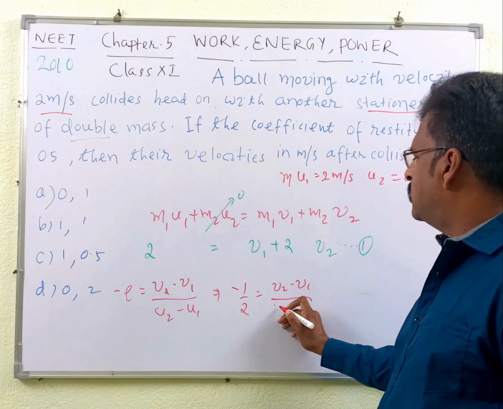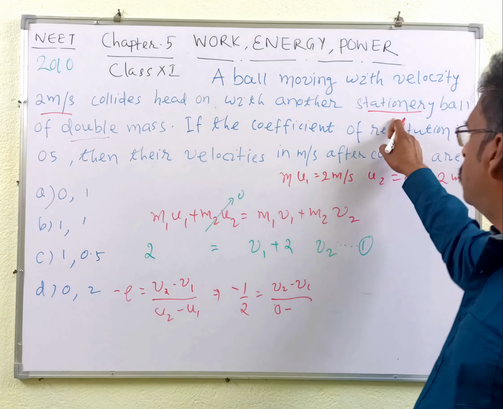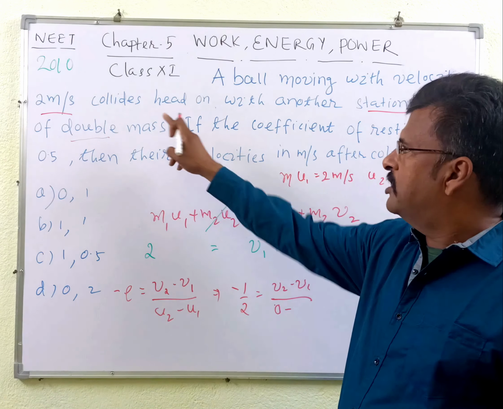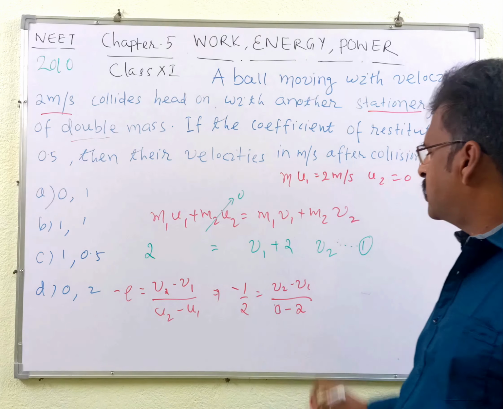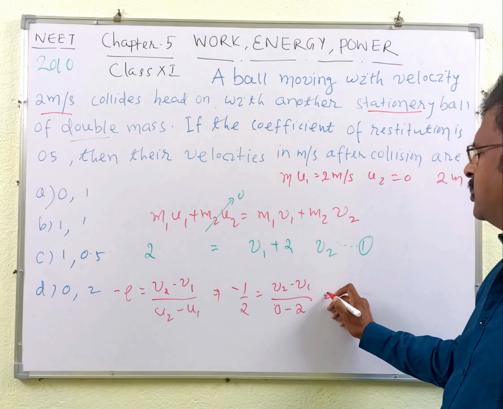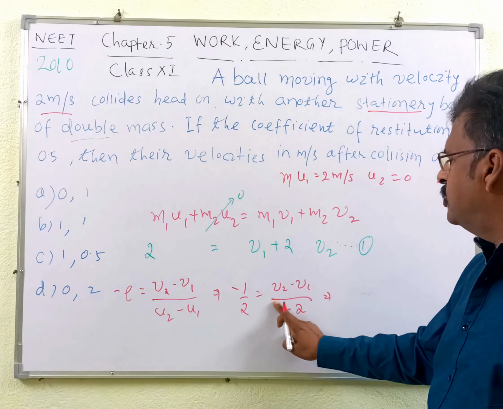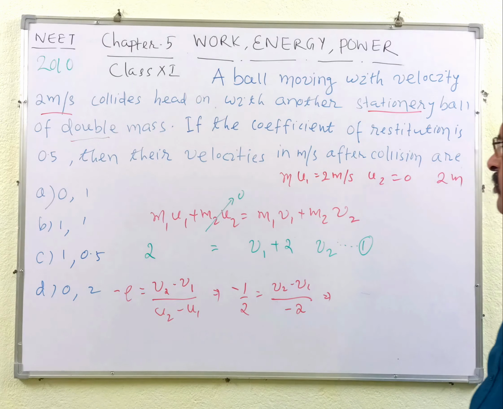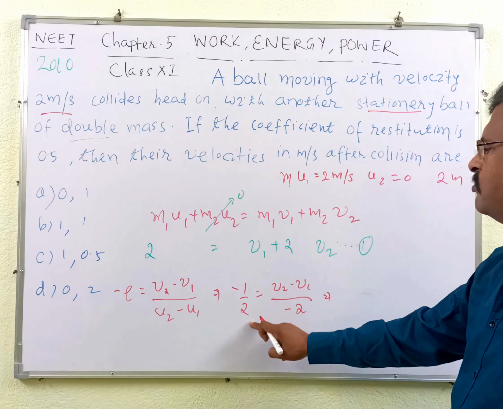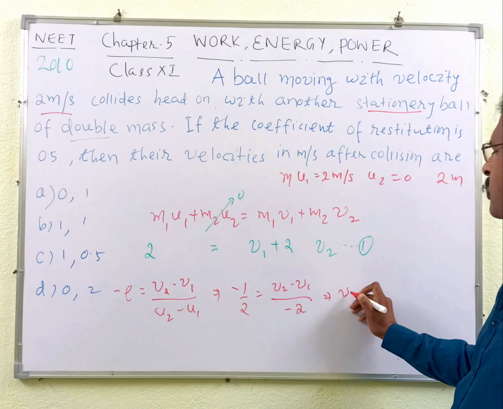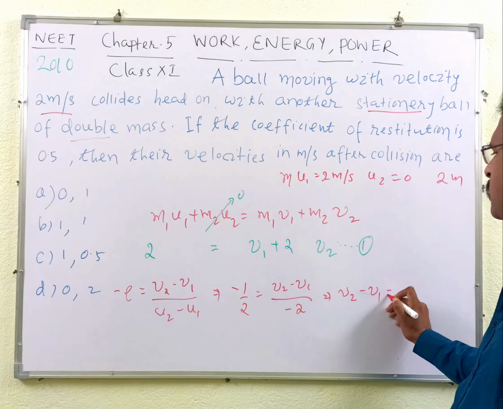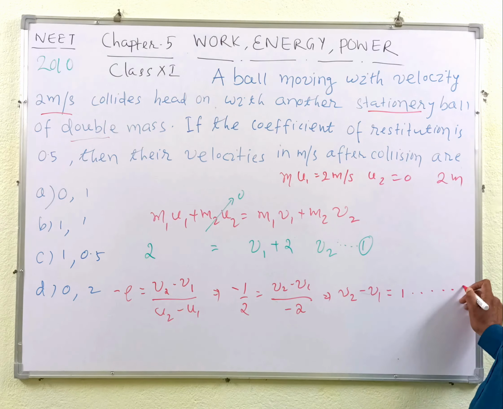It was 0 because the body was stationary. And u1 is given as 2 meter per second. So this is 0 minus 2, that is minus 2, and so minus 2 by 2, that is plus 1. Or we may write v2 minus v1 is equal to 1. This is our equation 2.